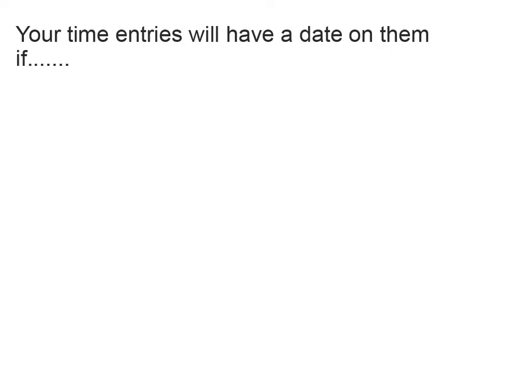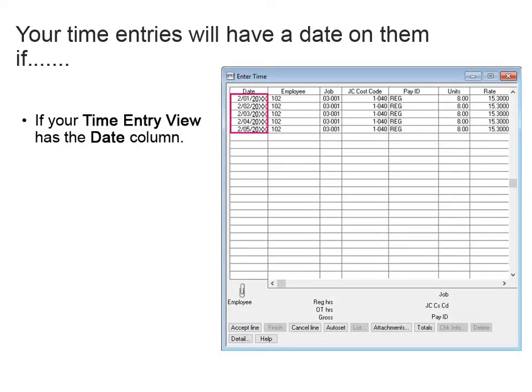You may be wondering what that means. It is not a requirement in payroll for time entries to be recorded by date, so whether your time entries include the date or not depends on your workflow and how you enter the hours for each of your employees. Time entries in your system will have a date on them if the time entry view that you use when entering time contains the date column, like you see in this example.